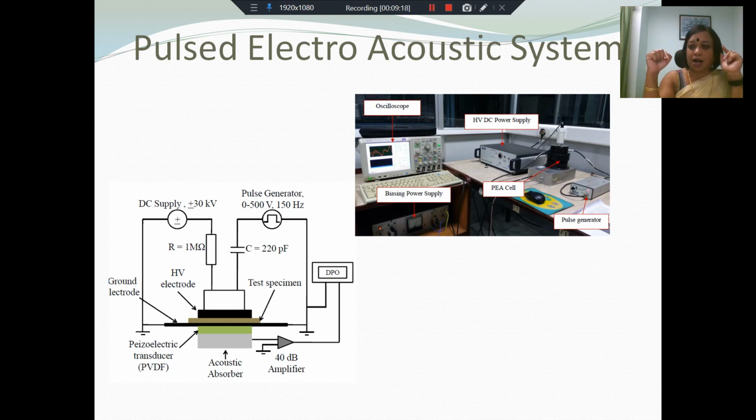The wave that comes is modulated by the presence of space charge, and the time at which the modulated signal arrives at the sensor is related to the velocity of the acoustic wave through the sample, and that time information is converted into spatial information. So if we know the velocity, we would know how the signal is modulated and how long it takes for the signal to arrive at the sensor. That will give us spatial information.